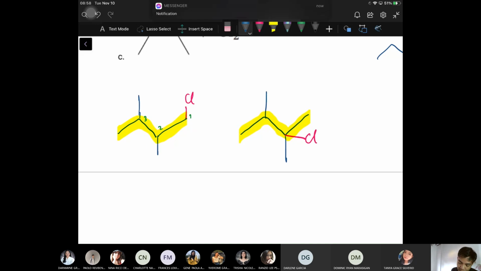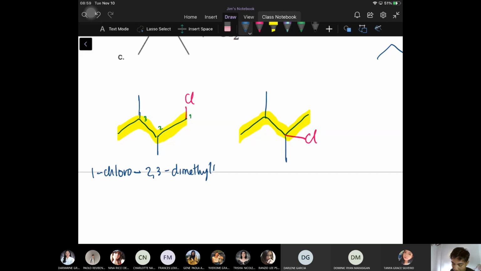So, this will be 1-chloro-2,3-dimethylbutane. Hindi yan papangalanan na 4-chloro-2,3-dimethylbutane. Hindi ganun. So we will have the lowest number as we can, kung kaya. No?